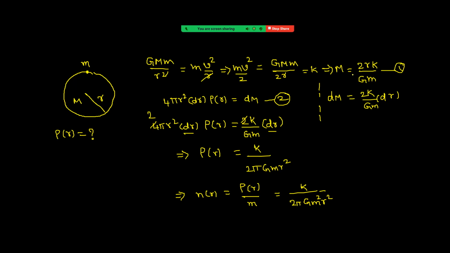But the problem here is we do not know what rho of r is, how it depends on r. That is why we are not doing integration here. We are just differentiating this and making it equal to this one. So we cannot integrate this to get the mass. Okay, right. Let us see the next one.